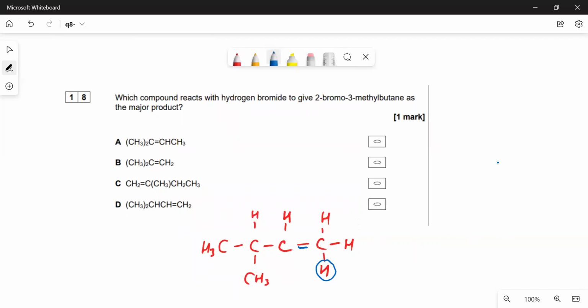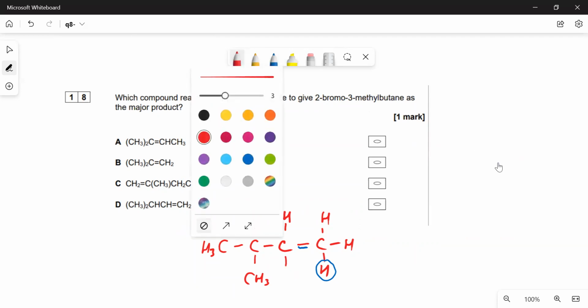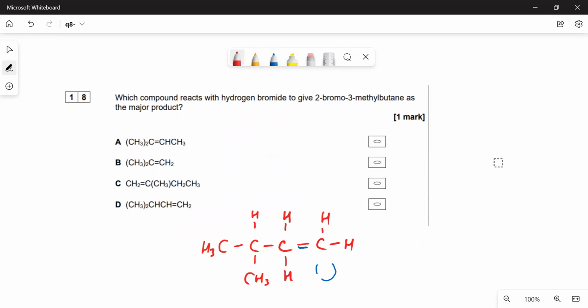The other one would be a minor product, because if you've got hydrogen sticking to that carbon there, you'd end up with a carbocation on that carbon, and that would be a primary carbocation. So that is the correct answer there. We'd have a bromine here and a hydrogen there. They'd be added on. So that means the double bond would have been in that position.